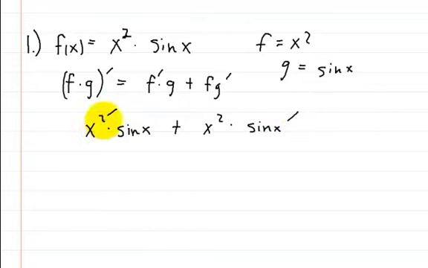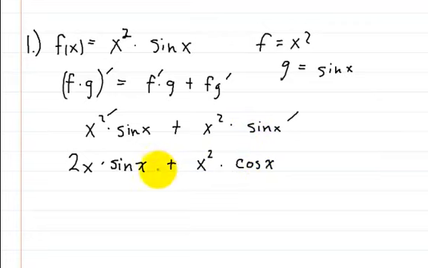When I take the derivative of the first one, I get 2x times sin(x), plus we bring this down to get x² times the derivative of sin(x), which is just cosine, so cos(x). And that's it. The derivative of f(x) is 2x sin(x) + x² cos(x).